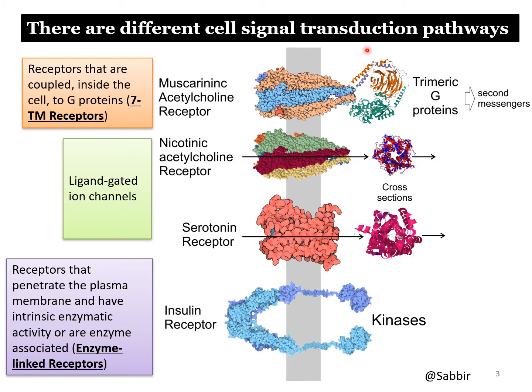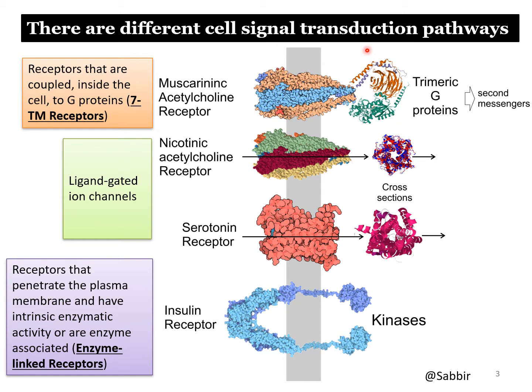And these receptors and their interacting proteins are present on biological membranes, for example, the cell membrane, or they can also be present on the intracellular organelle membranes, for example, the endoplasmic reticulum membrane or nuclear membrane or mitochondrial membrane.